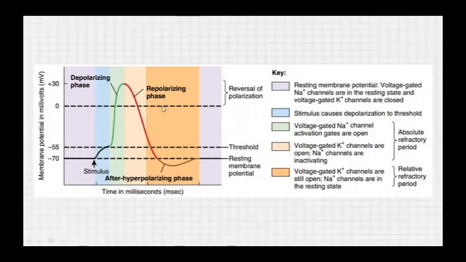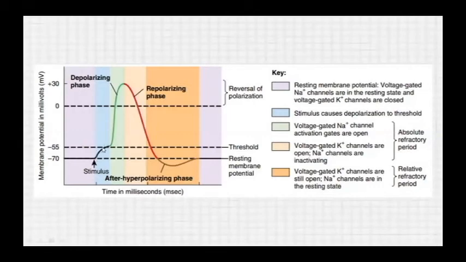Under the resting membrane potential, we could see that the curve is still flat because it is still at the resting membrane potential. However, when it encounters a stimulus, it starts to depolarize and reaches the threshold.